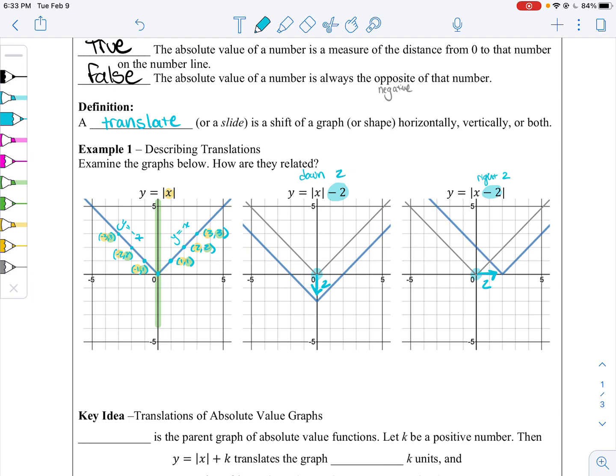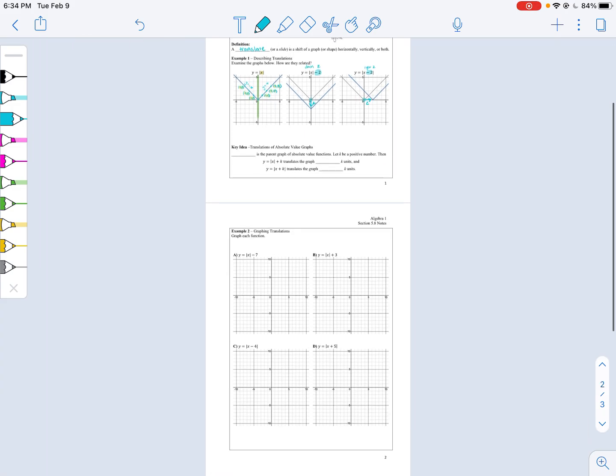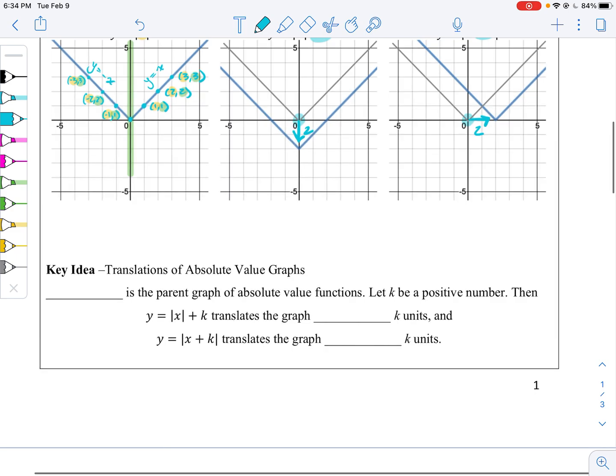But those were both minuses. I'm going to keep it positive and show you how it changed. Okay, here we go. So we already talked about y equals the absolute value of x as the parent graph, that's like the main guy of absolute value functions.